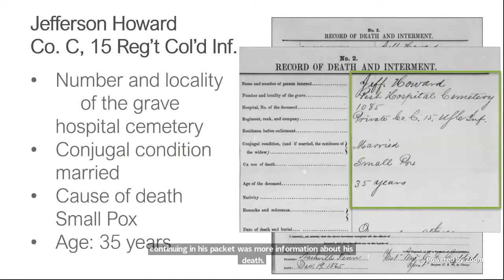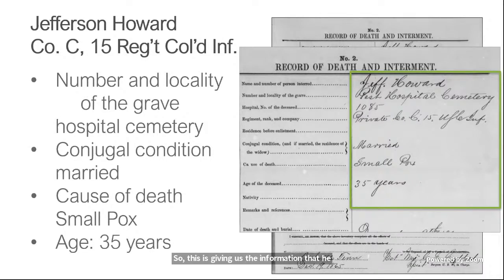So this is giving us the information that he actually died on the 19th, or maybe that's in the next one, and that he died of smallpox. He is 35 years old at the time, and his conjugal condition is married.